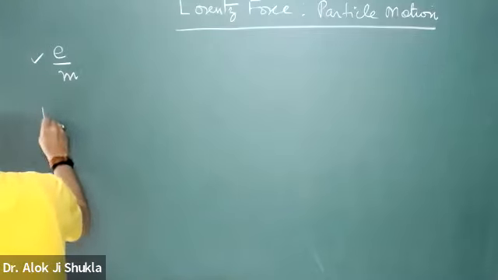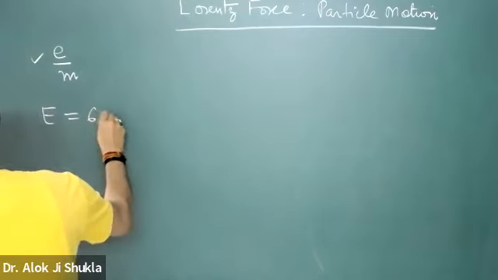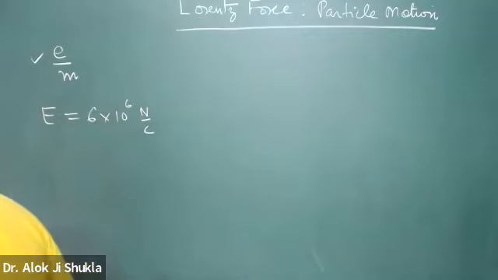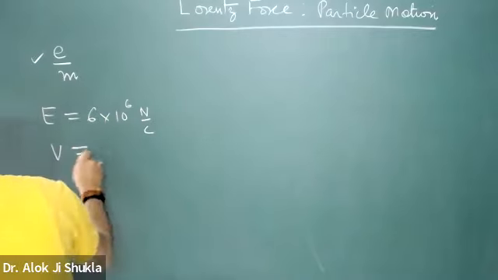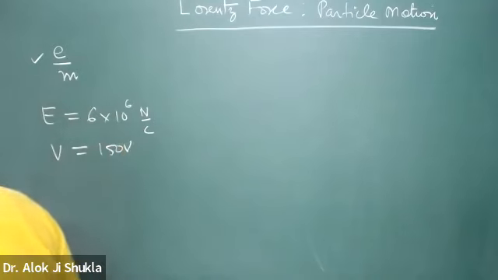So electric field E is equal to 6 into 10 to the power 6 Newton per Coulomb. Everybody read it. And potential V is equal to 150 volt.